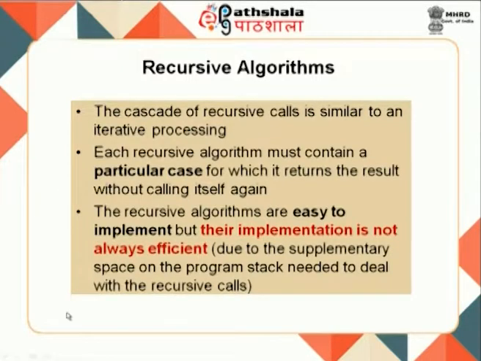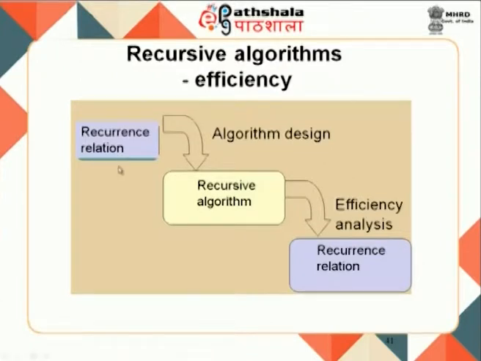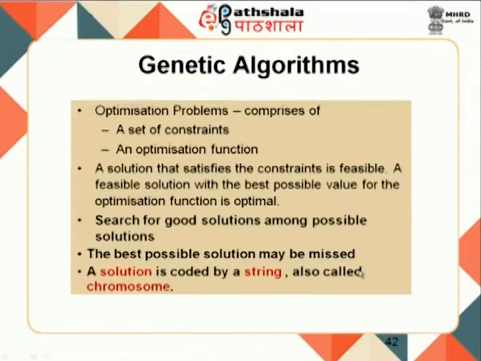Recursive algorithms are easy to implement, but the implementation need not be efficient because of the supplementary space that is required to keep the stack. This is an example of the recurrence equation, the recursive algorithm and the efficiency analysis.